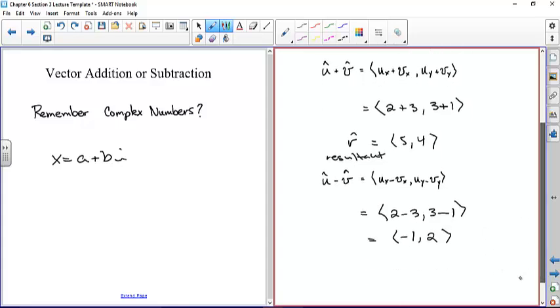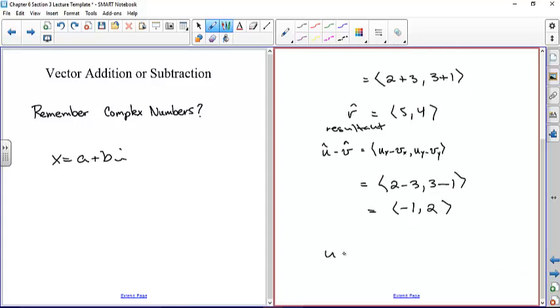Now, you can also think of this as u plus the inverse of v, the negative of v. So the negative of vector v is the same as vector v, except the positive numbers become negative, and if there are any negative numbers, they would become positive.